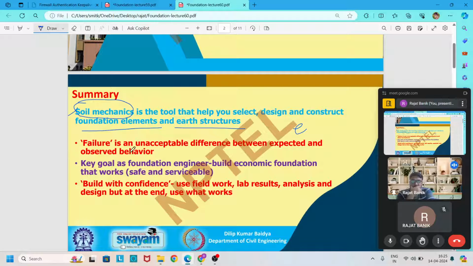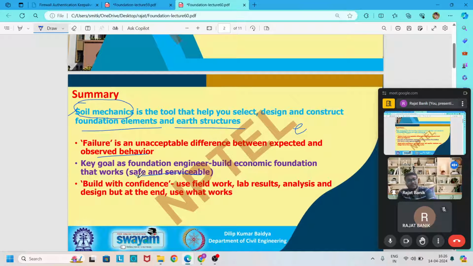Then, failure is an unexpected difference between the expected and observed behavior. The key goal of foundation engineering is to build an economic foundation that works, safe and serviceable. The main important thing is not just to build the foundation, but that it should be very safe, economic, and serviceable.